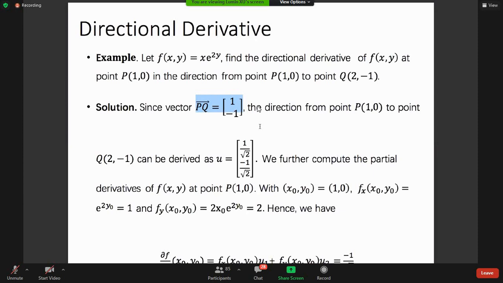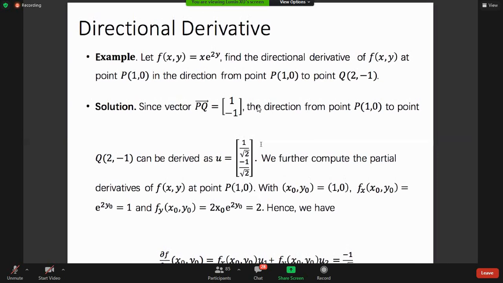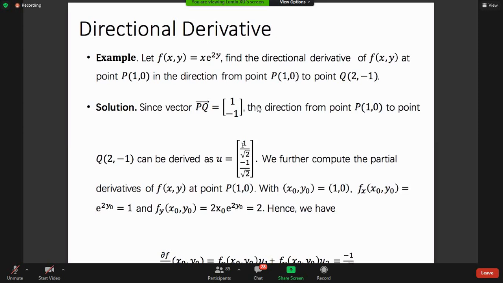So the first thing we should do is calculate the length and then divide the vector by the length and get the direction. Good. And after we get the direction, in fact, we know the u1 and u2 in the definition of directional derivative. Then the remaining thing is we should calculate partial f, partial x, and partial f, partial y, right?